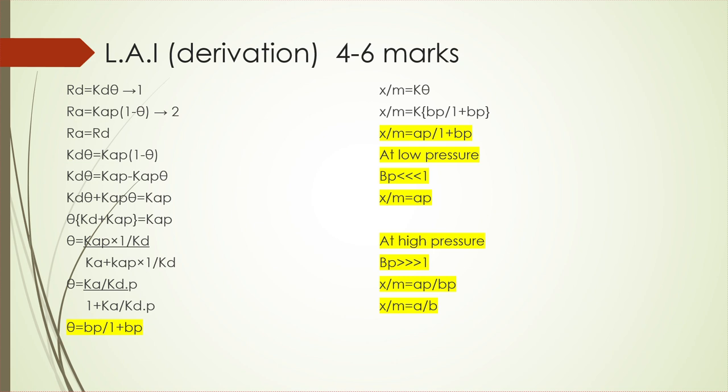Each site can take one molecule. There is an equilibrium between adsorption and desorption. The adsorbed layer is uniform all over the adsorbent. There is no interaction between the adsorbed molecules.